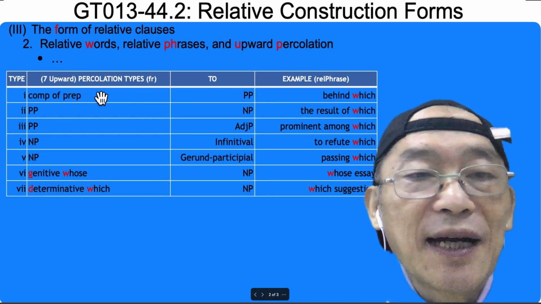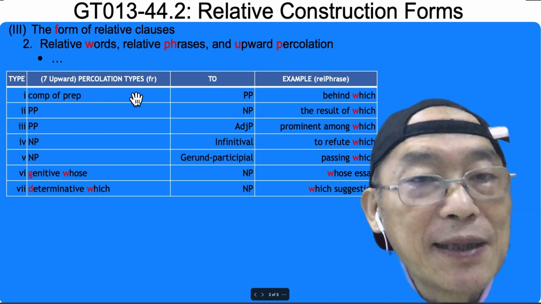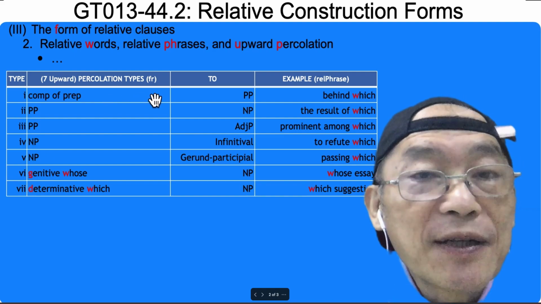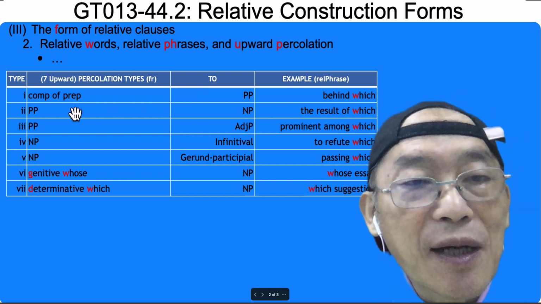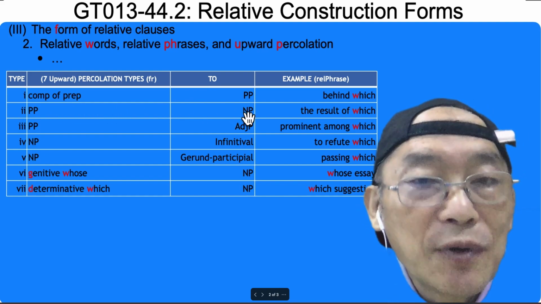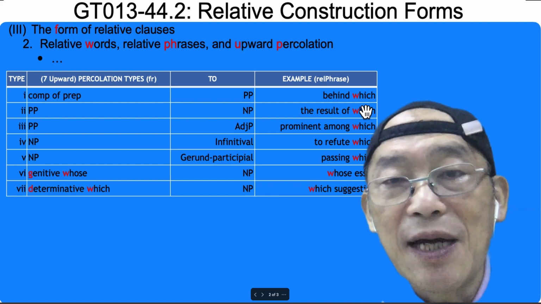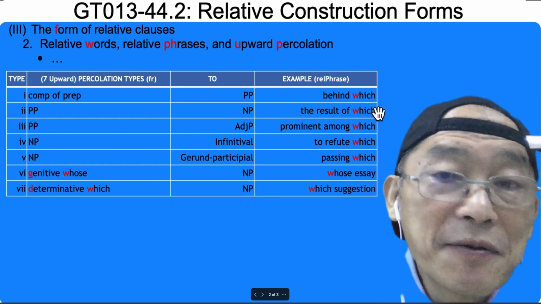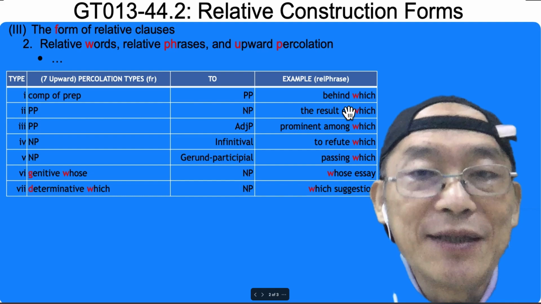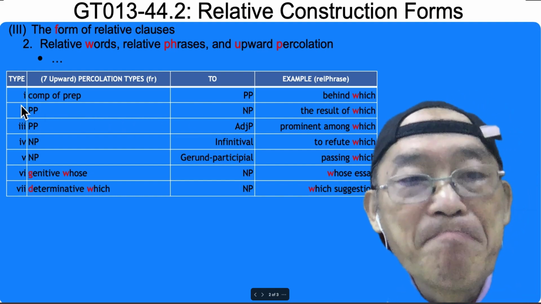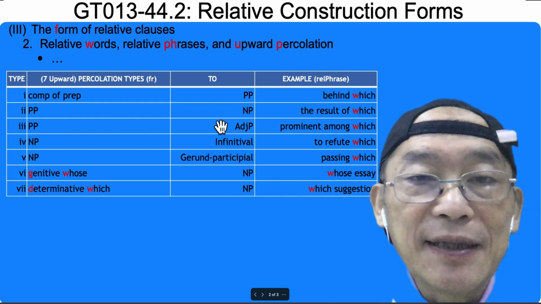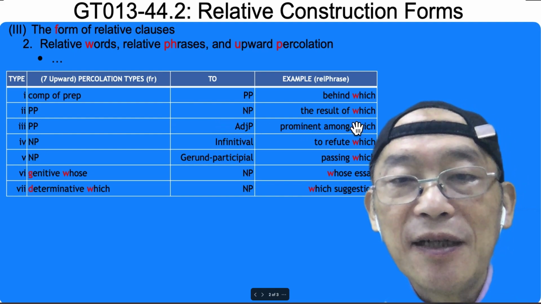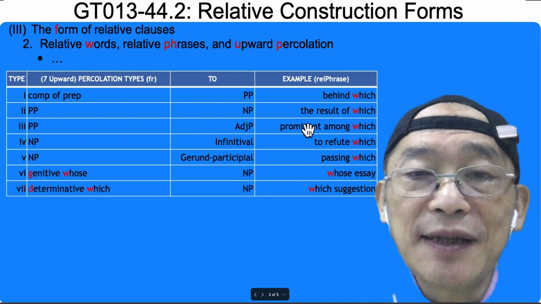So 7 types of upward percolation. Let's check. From complement of prep to prep. For example, from complement of prep to a preposition. Yep, that's type 1 percolation. From PP to noun phrase. Again, let's check. Of which is modifying this noun phrase.